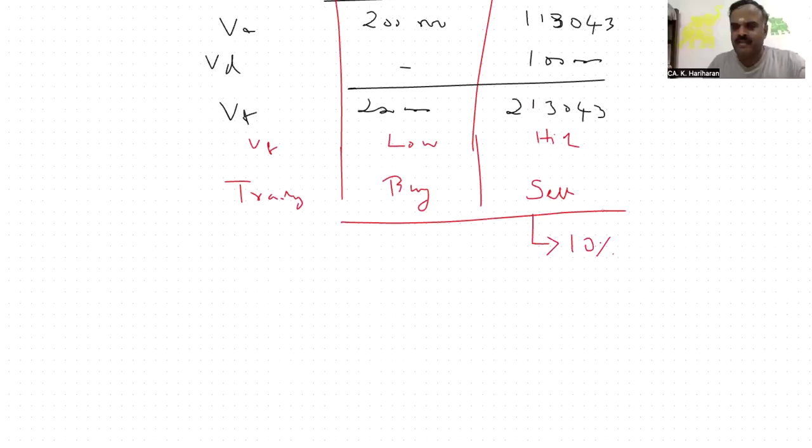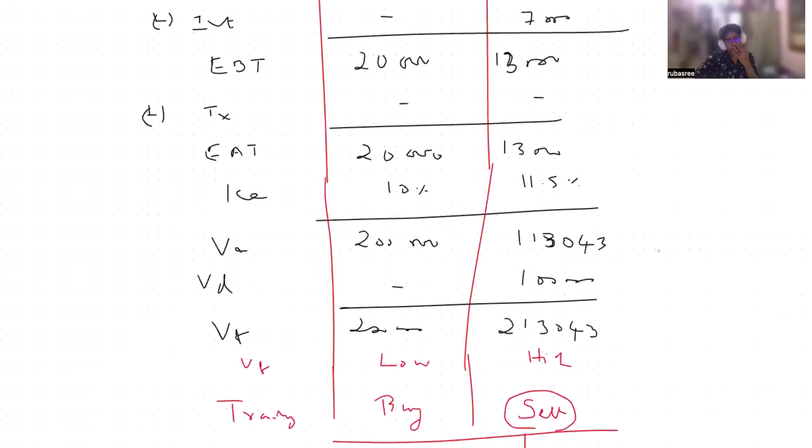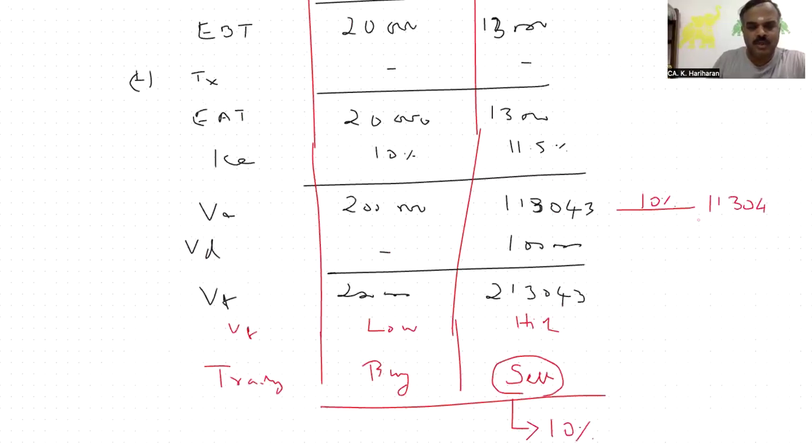If you are holding 10%, it comes to 11,304. This is what you have to sell. So, 10% holding in M Limited.